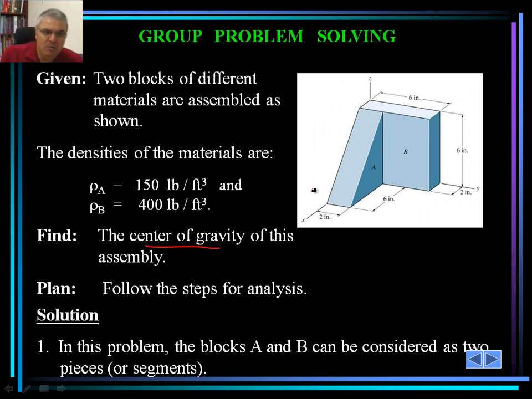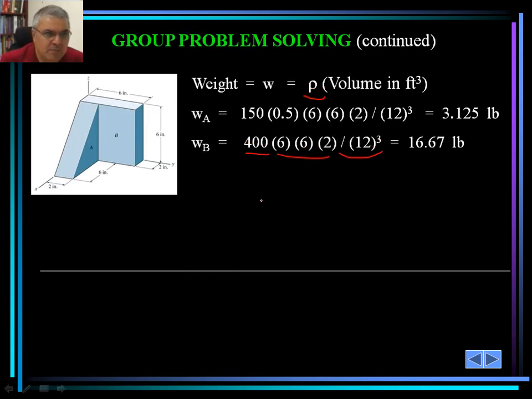So we need to convert the volume that we calculate. It's going to be in cubic inches. We need to convert that to cubic feet. That's why we see that division by 12 to the power 3.